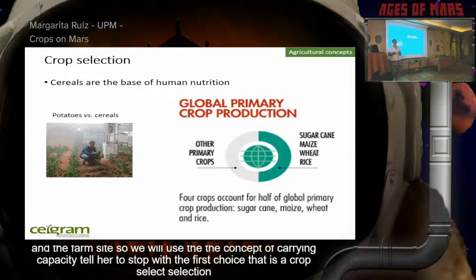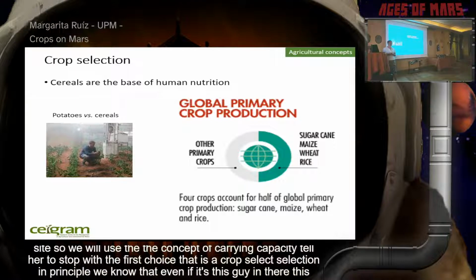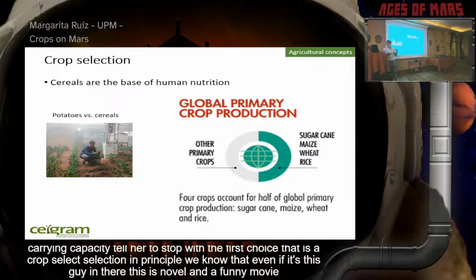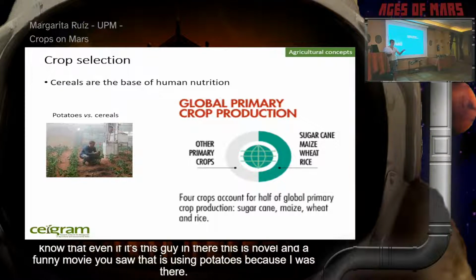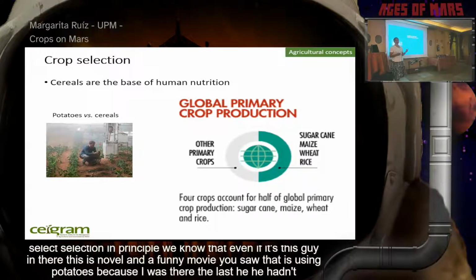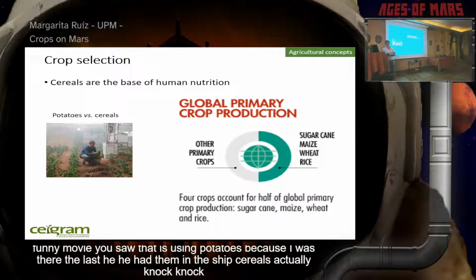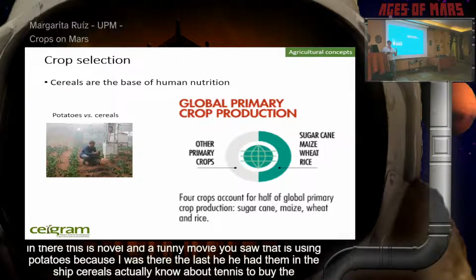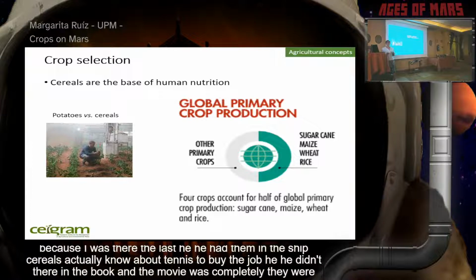In principle, we know that even if this guy in this novel and funny movie you saw is using potatoes because it was what he had in the ship, cereals actually, not potatoes, are the base of human nutrition. And by the way, this guy was a botanist, but the job he did in the book and the movie was completely the one agronomists do.